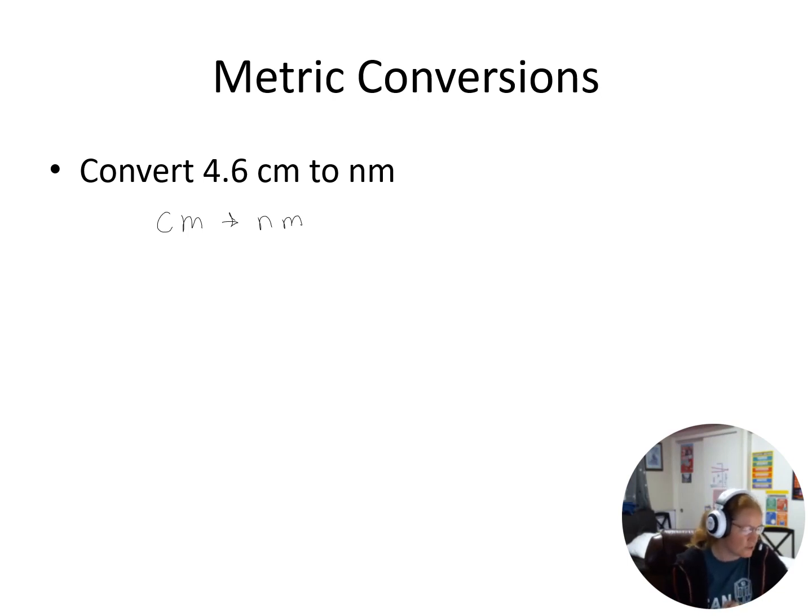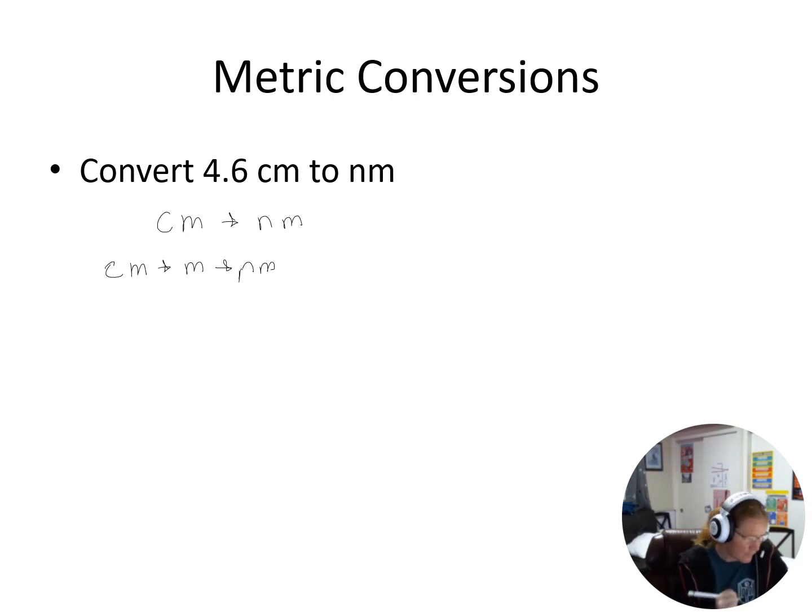Now there's 2 ways that we can do this. We can go directly from centimeters to nanometers, or we can actually go from centimeters to our base unit of meters and then back down to nanometers, which I found for a lot of students is very helpful than trying to figure out how to adjust all the exponents between centimeters and nanometers. So I can go centimeters to meters, and then meters back down to nanometers.